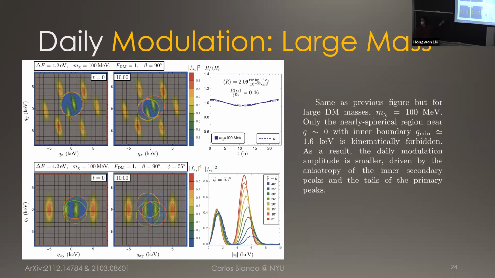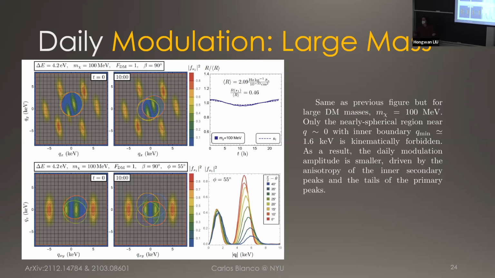And what's making the inner region kinematically forbidden? So that's just Q min. When you calculate what Q min is for the velocity distribution of dark matter to drive any energetic transition, you find that there are regions that are kinematically forbidden.